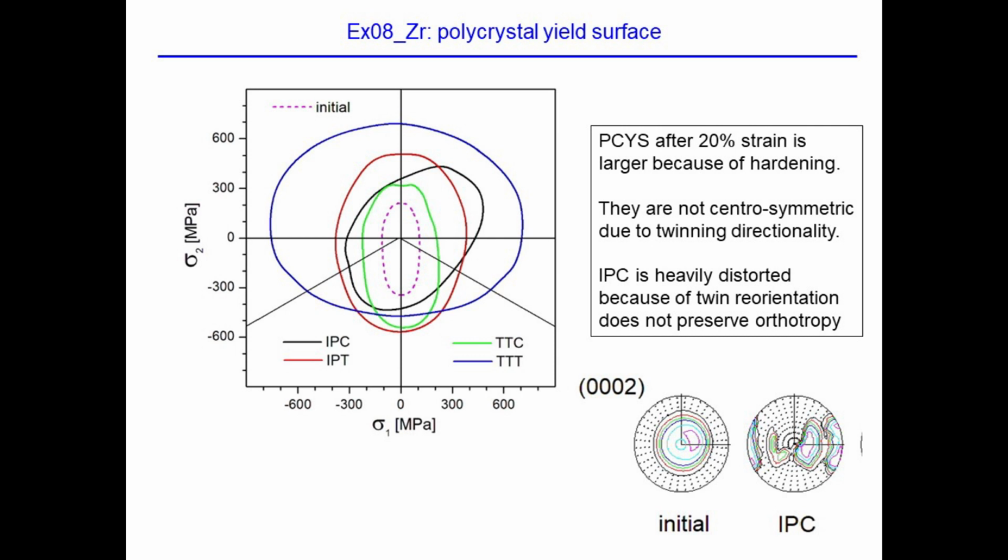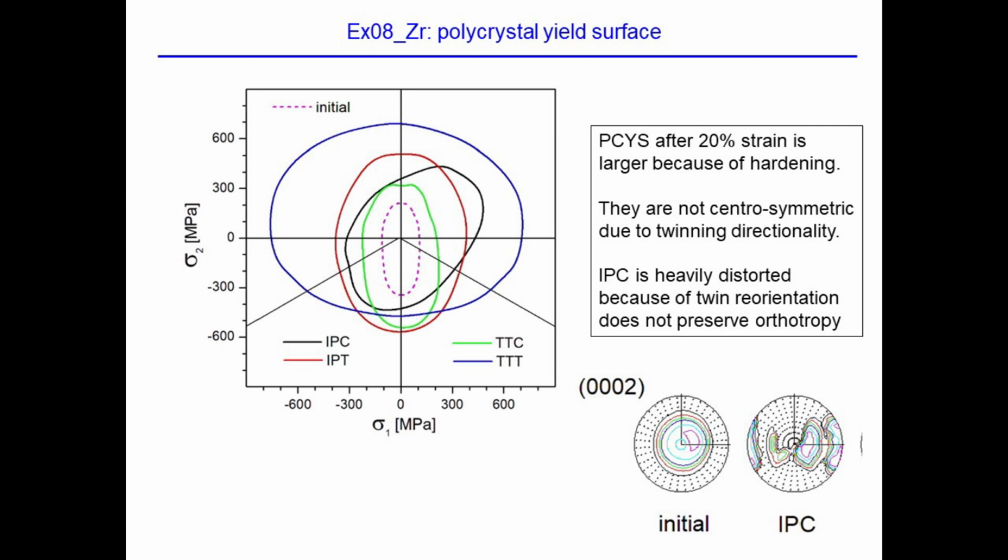The material has been hardening. In all the cases you have 20% strain, but this has a lot to do with texture hardening. Depending on how the grains reoriented, this yield surface can require much higher stresses just because the grains are not reoriented with the easy systems to accommodate the stress states that correspond to these points.